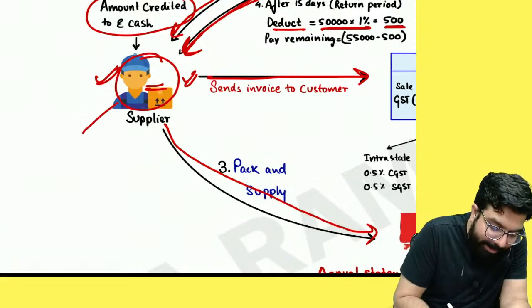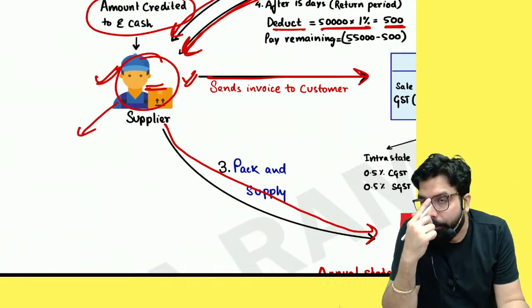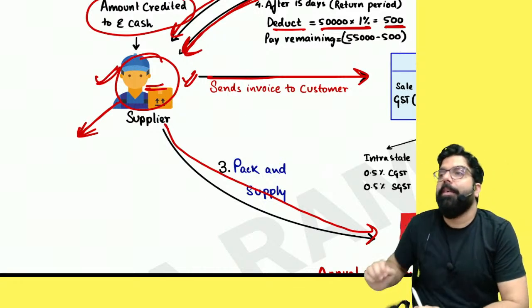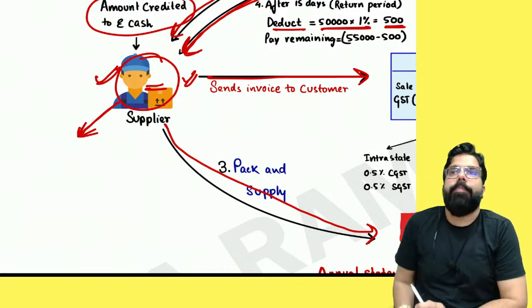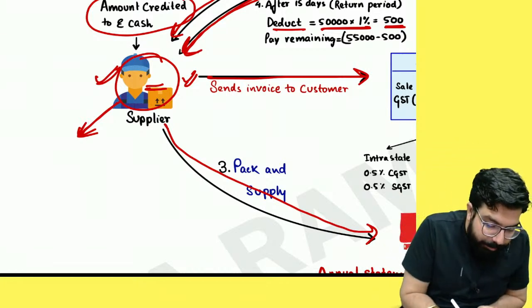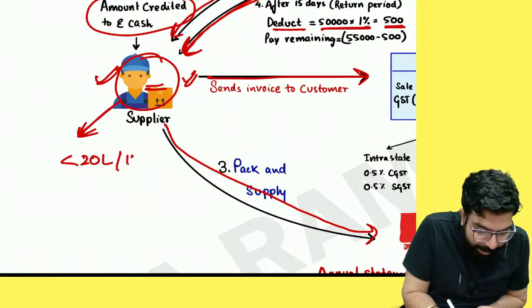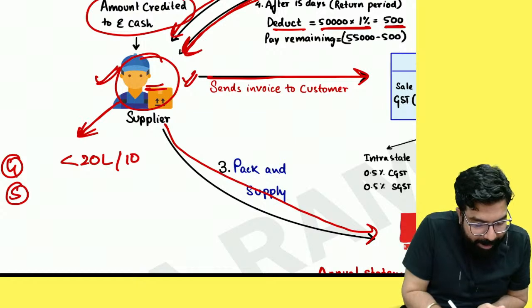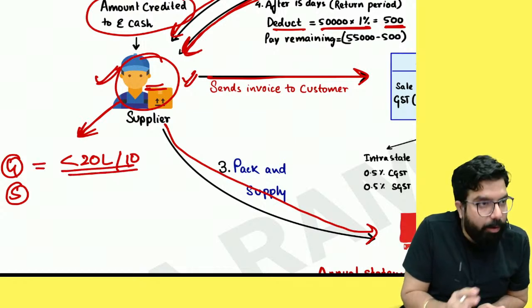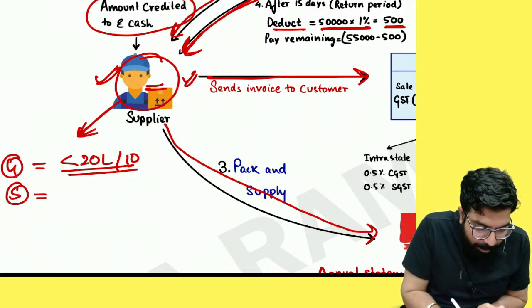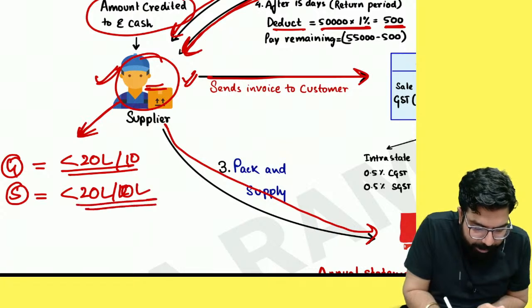Now, my TCS will be deducted, right, everyone? People, now if I am a supplier whose turnover is less than 20 lakh or 10 lakh, might be I am a supplier of goods or a supplier of service. Suppliers of goods, up to 20 lakh or 10 lakh, don't have to take registration when they are supplying through e-commerce. And if you are a supplier of service also, then less than or equal to 20 lakh or 10 lakh, you don't have to take registration.